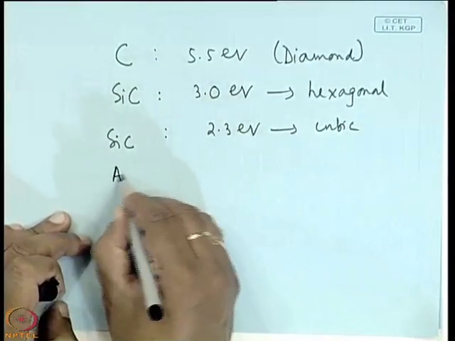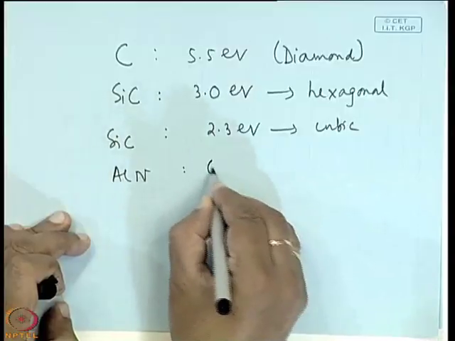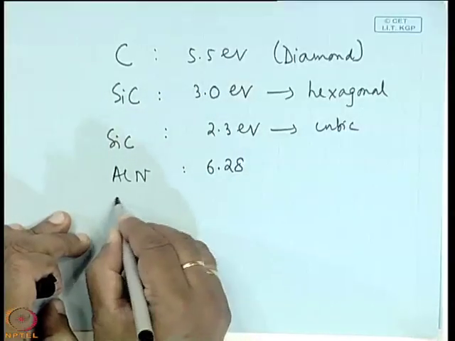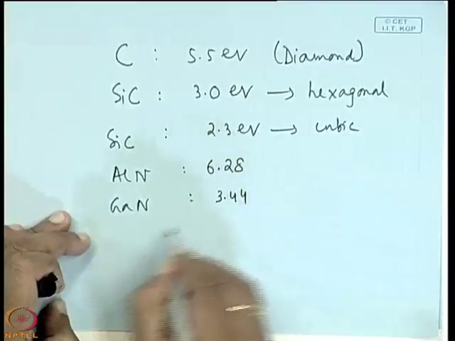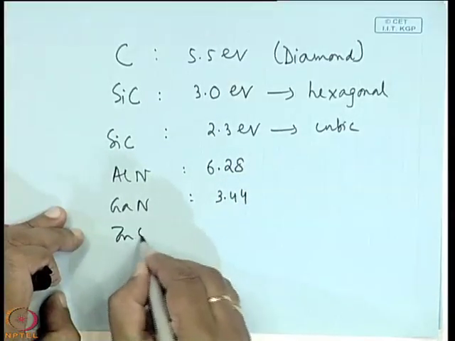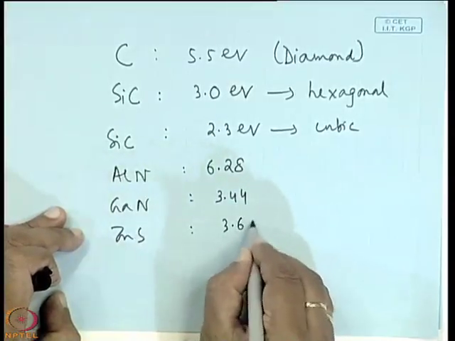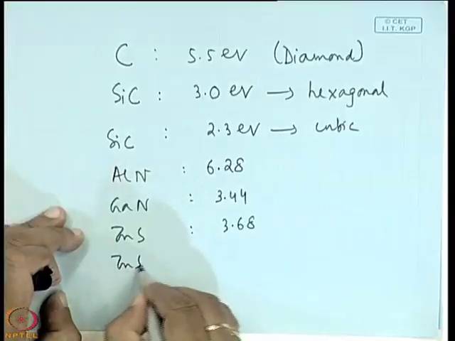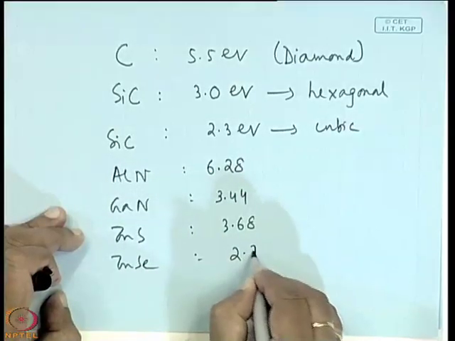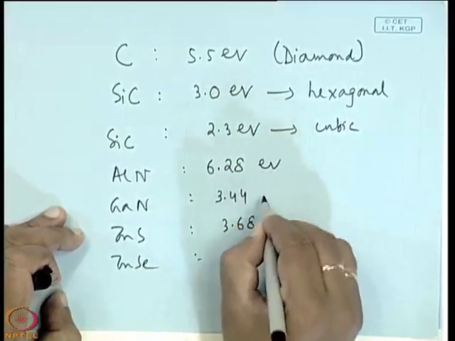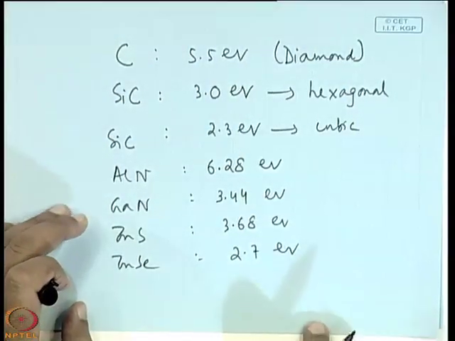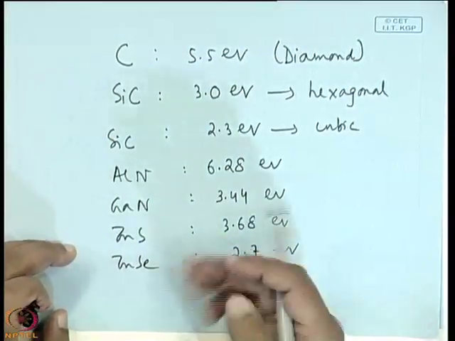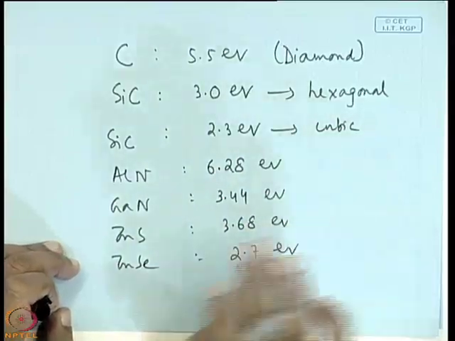Then aluminum nitride is 6.28, gallium nitride is 3.44, zinc sulphide is 3.68, zinc selenide is 2.7. So these are the wide band gap semiconductors which are readily available, and they are used in different kinds of applications.